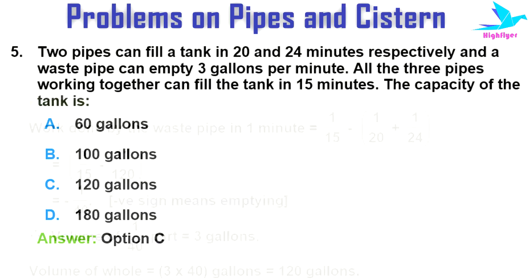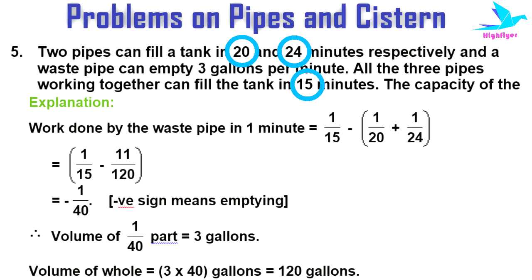Let's see how. Now, as the time taken by the two pipes are 20 and 24 minutes respectively, and time taken by all the three pipes is 15 minutes, work done by the waste pipe in 1 minute will be 1 by 15 minus (1 by 20 plus 1 by 24). That means the total work done by all the three pipes minus the work done by the individual two pipes.